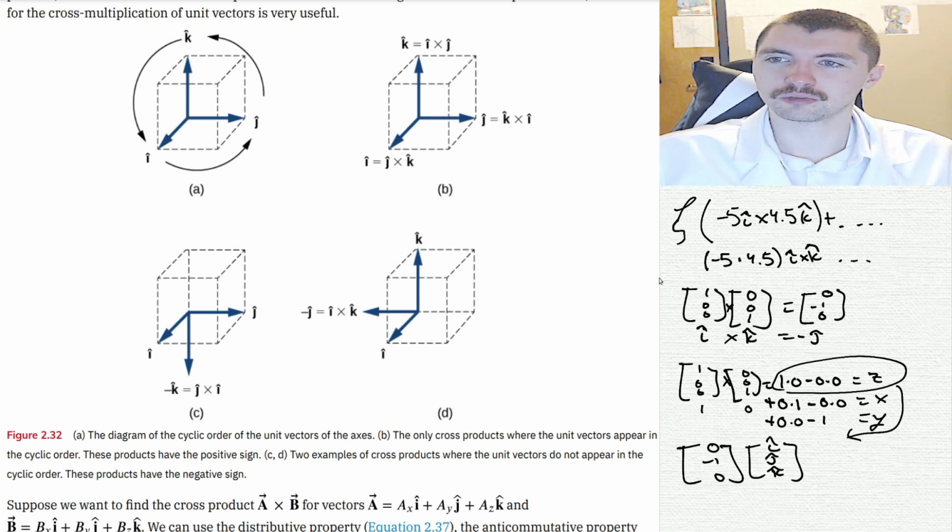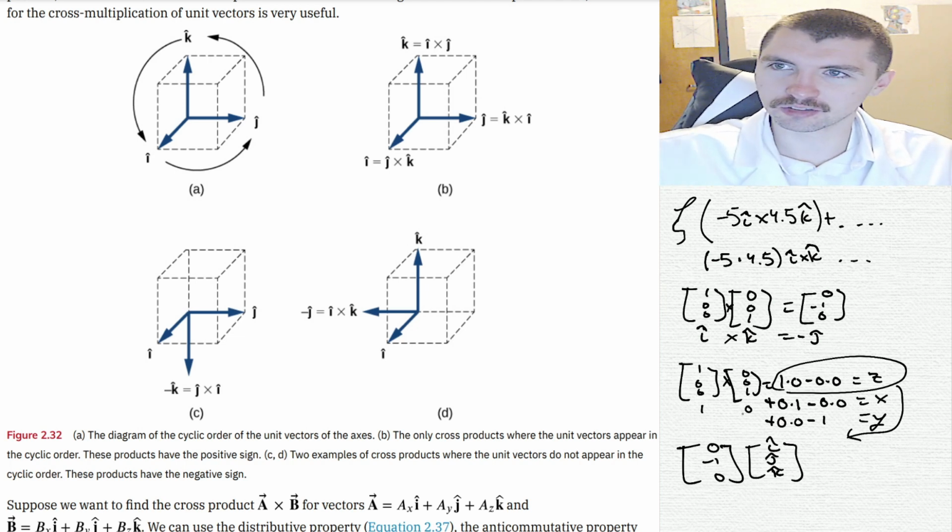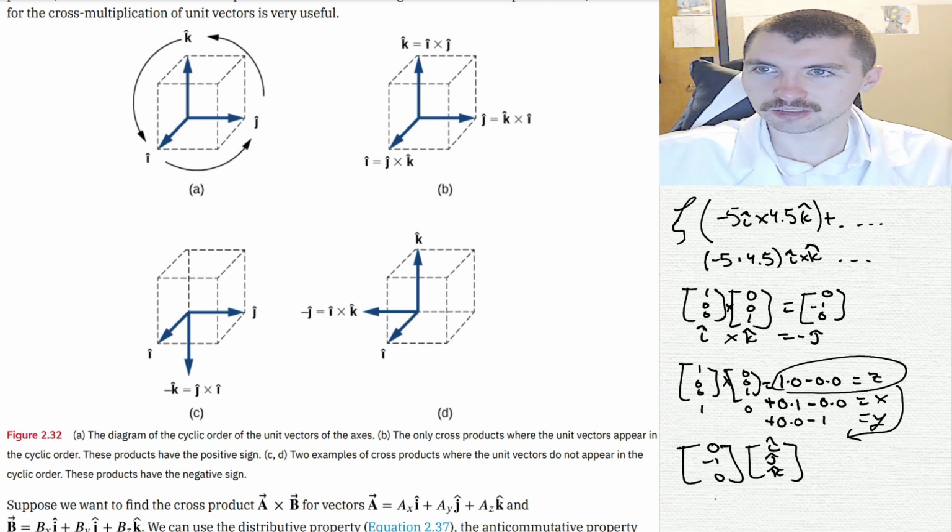Okay, so I'm satisfied. So this is going to be -5 times 4.5 times -j hat.